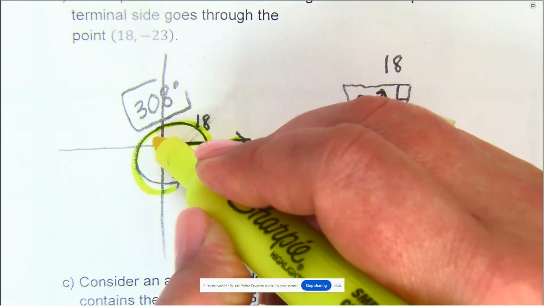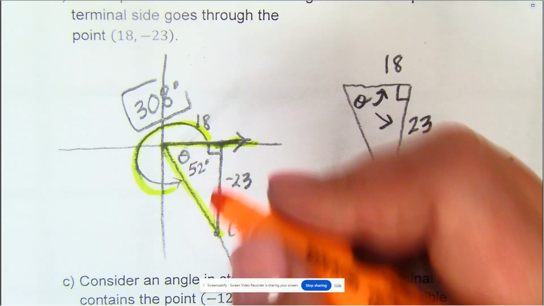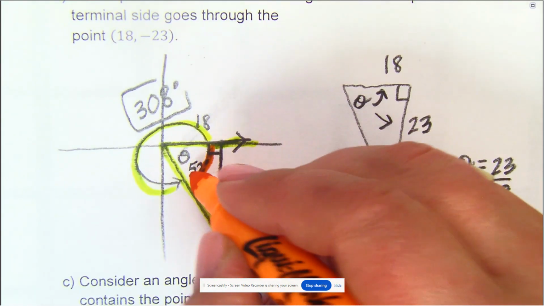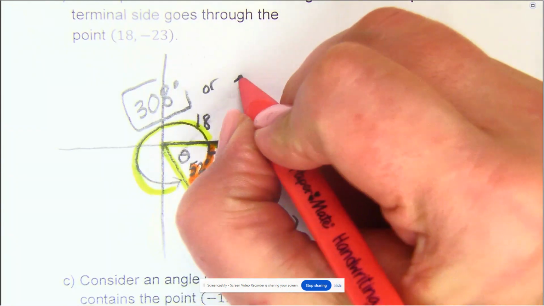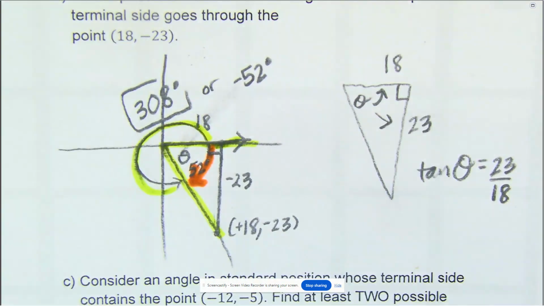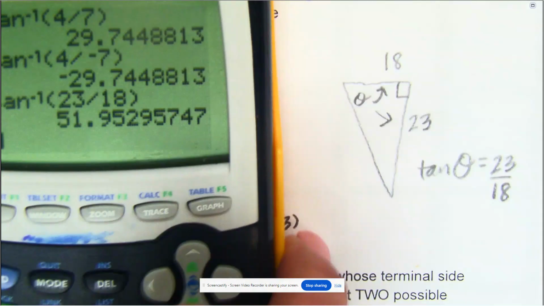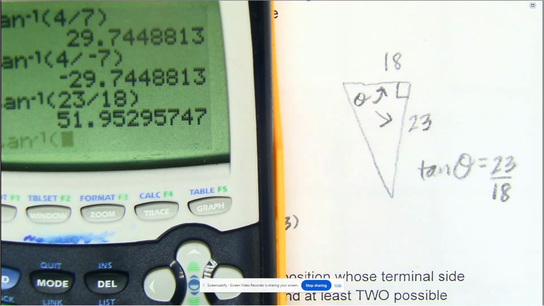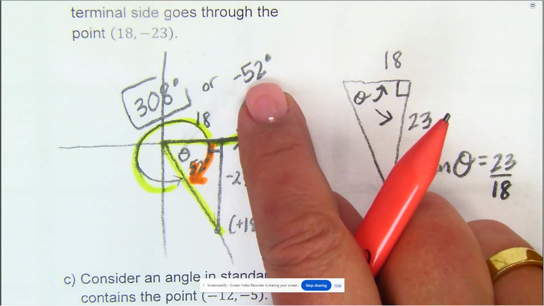For this, if I did the negative one, it actually would be negative 52. The only reason I bring that up is because in this particular case, if you typed it into the calculator, second tan, and you did negative 23 divided by 18, it would tell you the answer is negative 52, which is one of the possible answers.